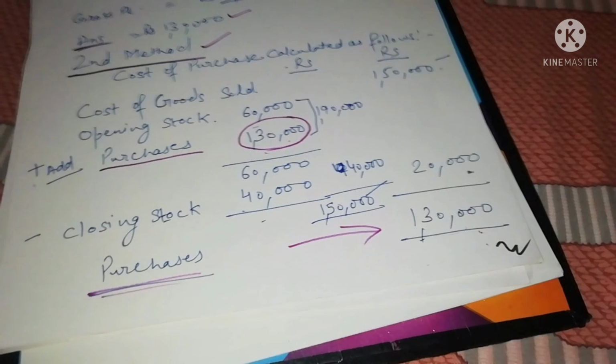You can see that after adding opening stock and purchases less closing stock, we get the figure rupees 1,50,000, which is equal to cost of goods sold. The cost of goods sold is also rupees 1,50,000, so after adding and subtracting opening stock and purchases less closing stock, we also get 1,50,000. It represents that the debit is equal to credit. It means that our question is correct.